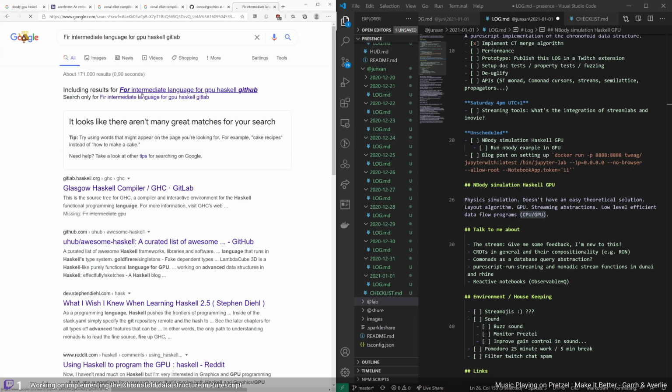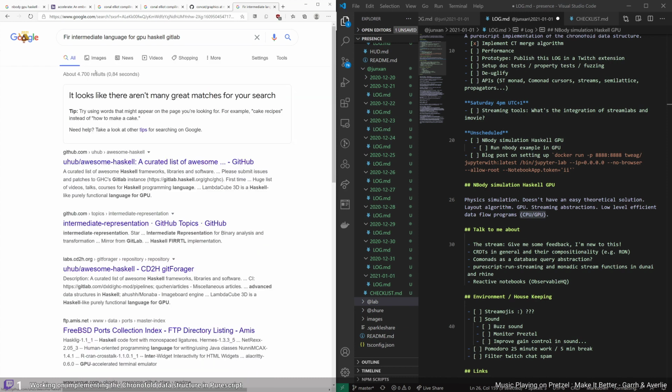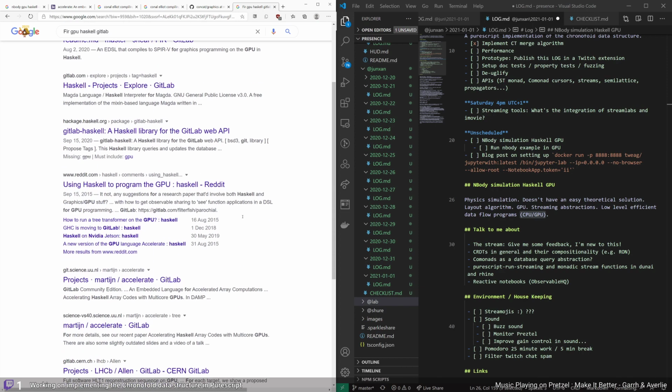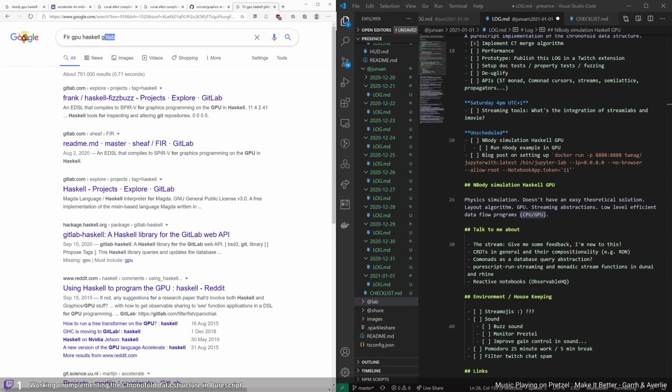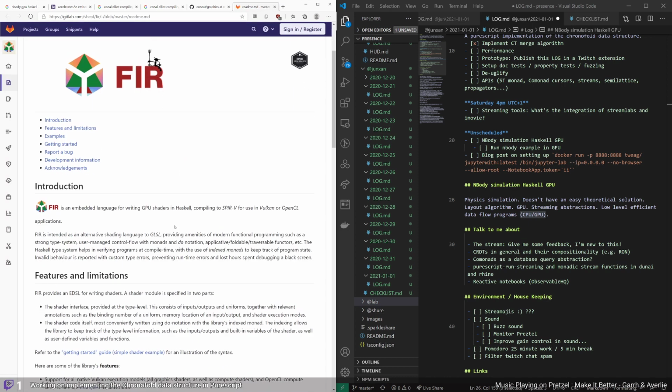And I think it is the gentleman who developed Lambda Cube, I believe, who does this, and holy moly, this is hard to find. It is FEAR, right? I'm pretty sure. Yeah, here it is. An embedded language for writing GPU shaders in Haskell.